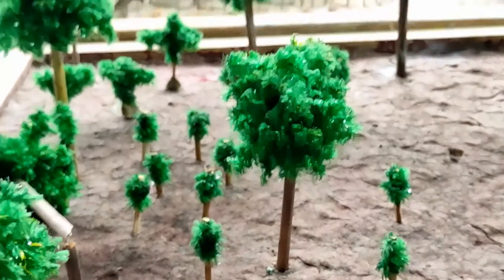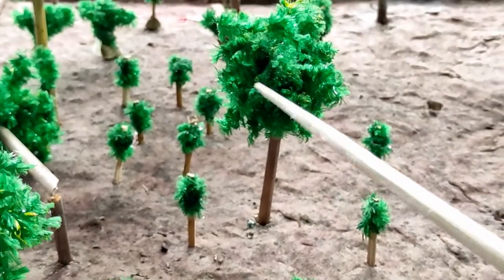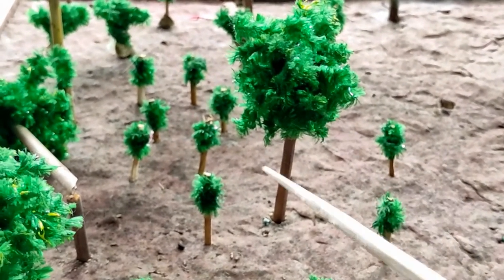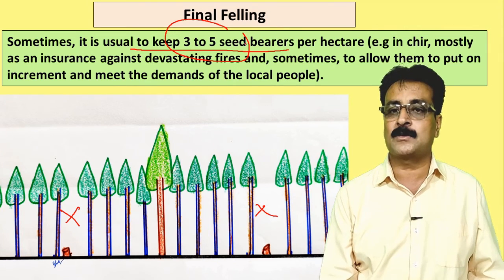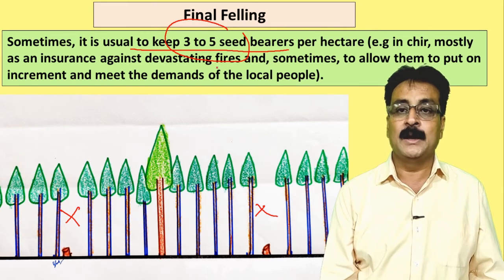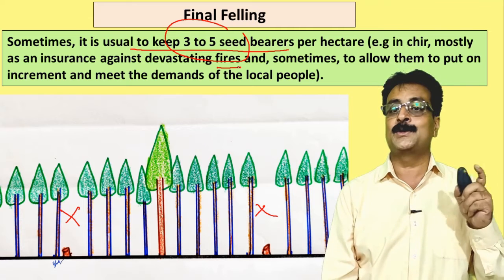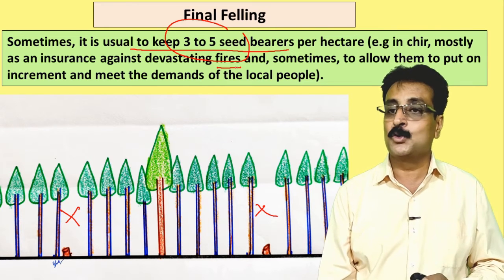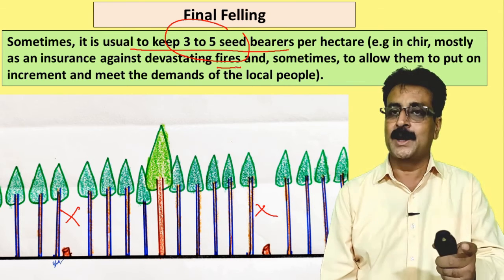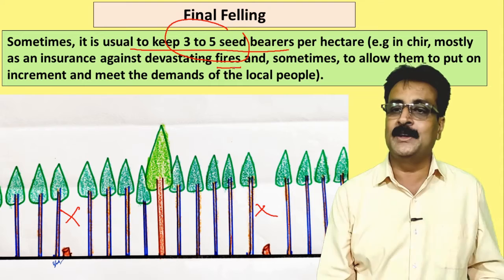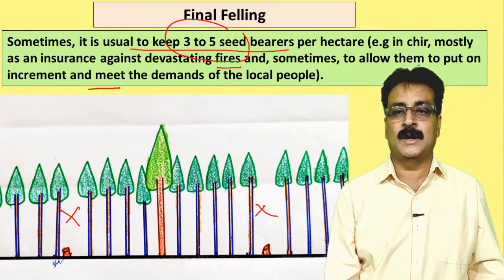But sometimes we keep 3 to 5 seed bearers per hectare, which does not affect much, mostly in Pinus roxburghii, as insurance against fire. If fire happens and all the regeneration is burnt, we would not have any source of seed. So for the source of seed, we keep 3 to 5 seed bearers for a few years and later remove them, as we are then fully confident that the crop has grown nicely.